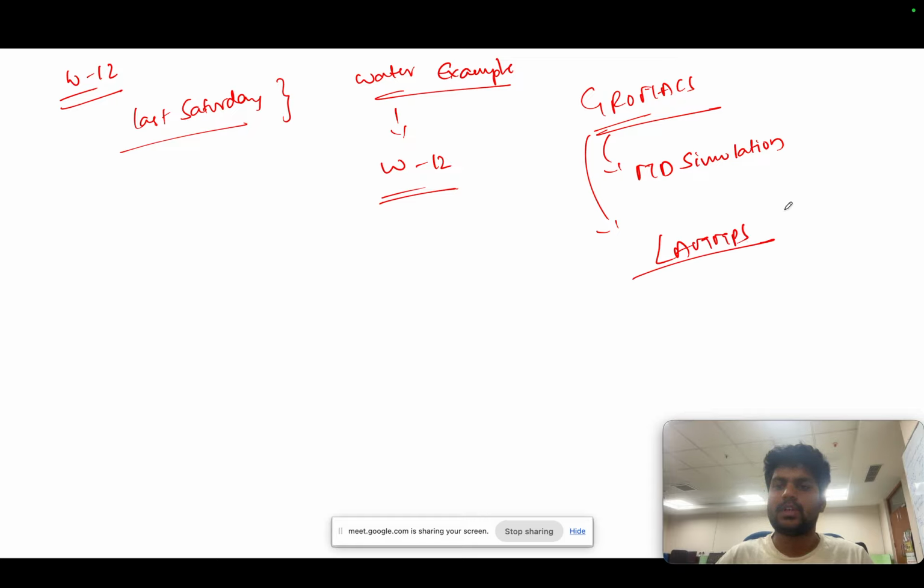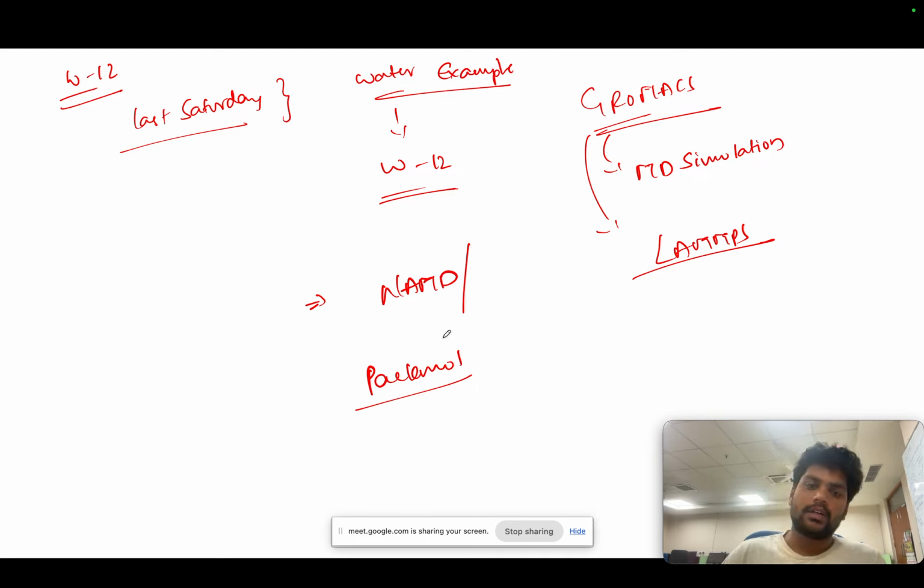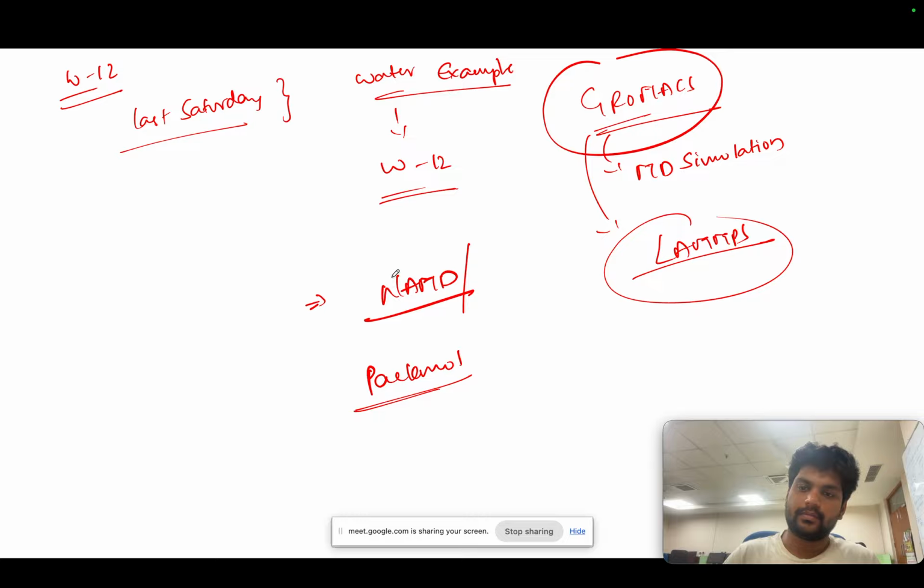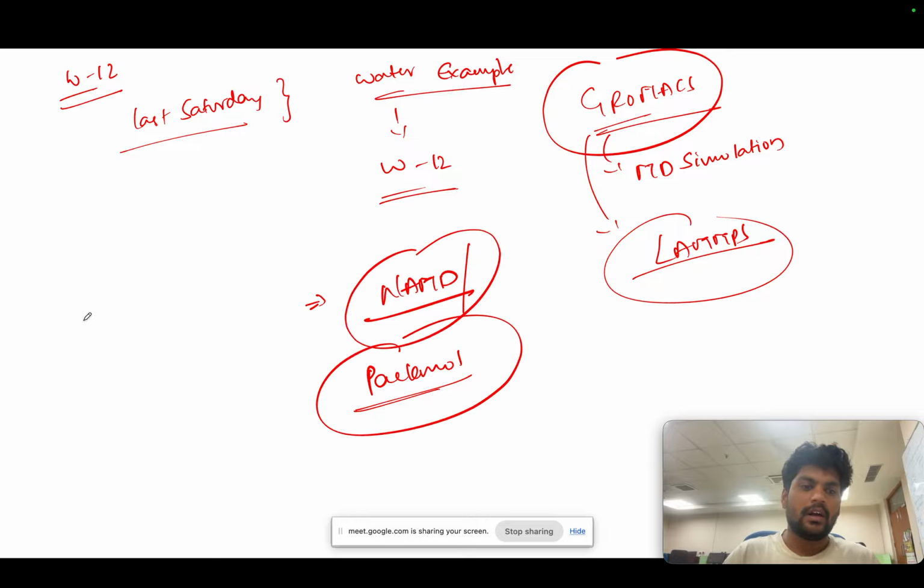To add molecules there are different software, like NAMD and Packmol, and PyMOL for protein analysis.